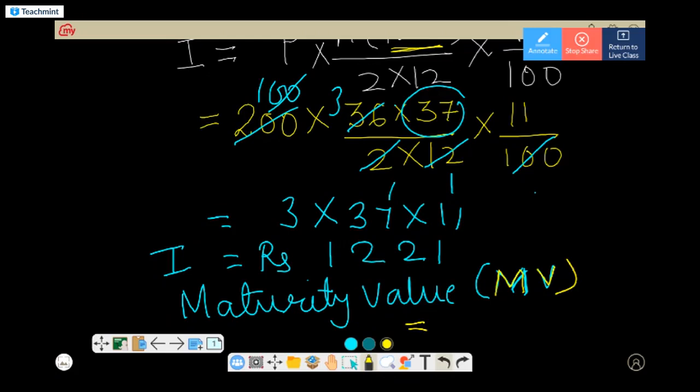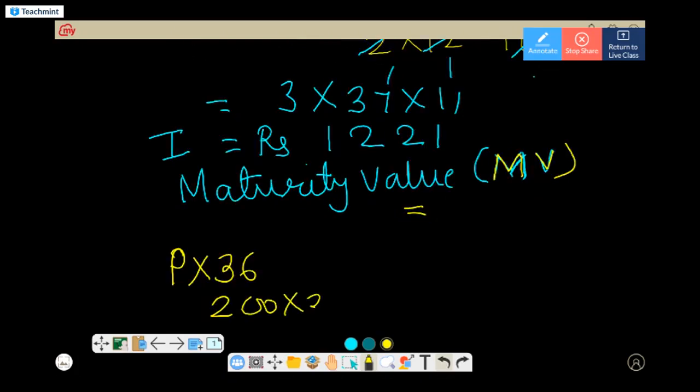Now, how do we know how much money she deposited? We know that every month she was depositing 200, and she did that for 36 months. So 200 into 36 is the amount she has deposited.